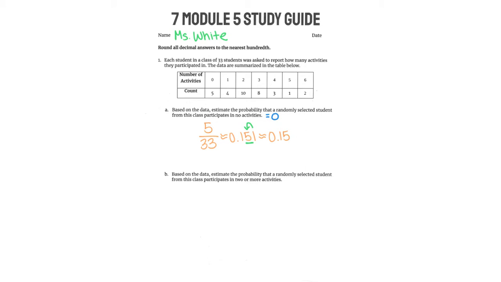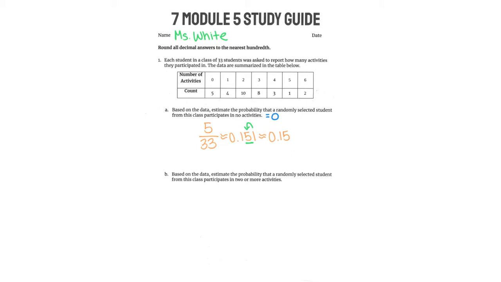All right, let's go on to B. Based on the data, estimate the probability that a randomly selected student from this class participates in 2 or more activities. So this time we're going to look at 2, 3, 4, 5, or 6 because it's asking for 2 or more. So we are going to estimate this based on our count below.